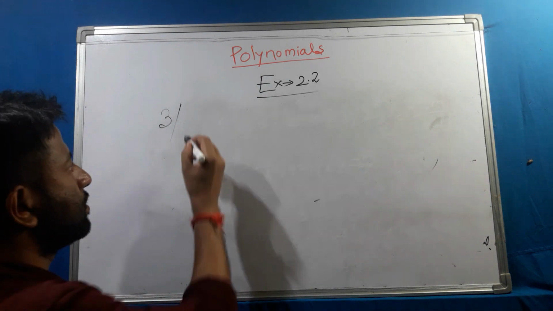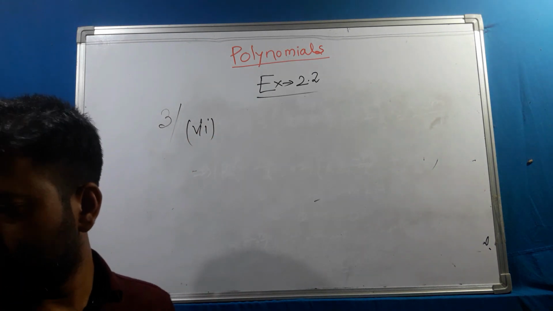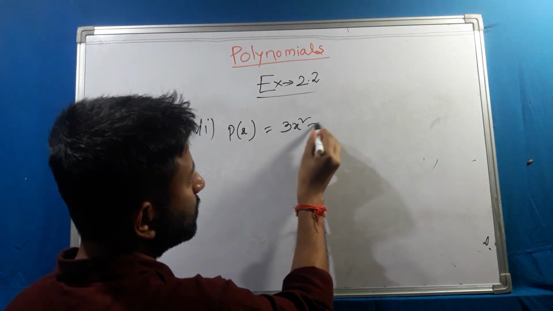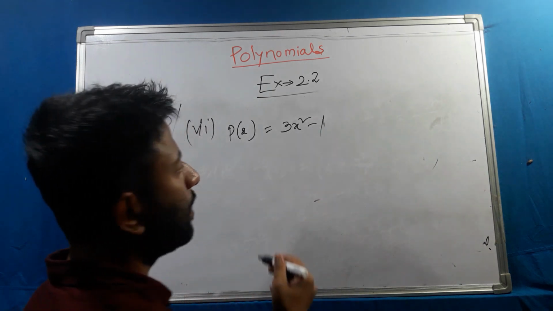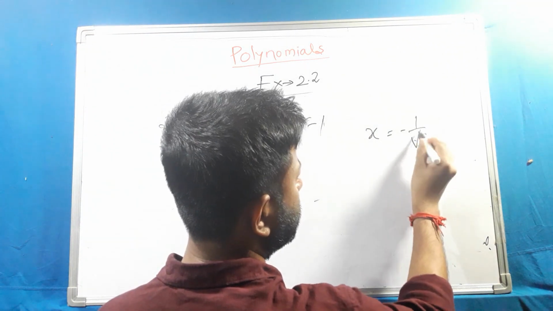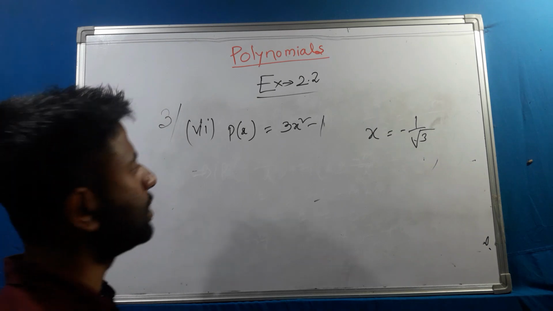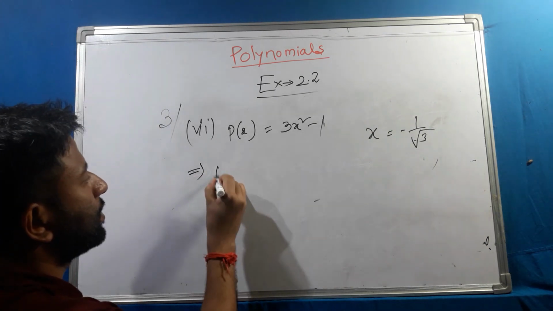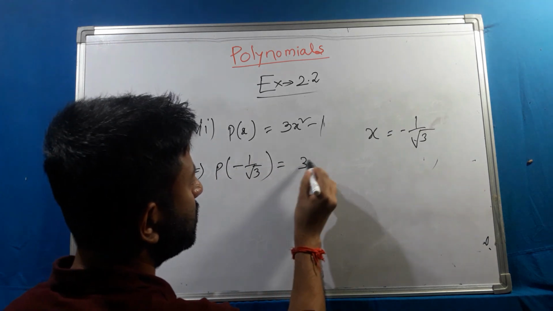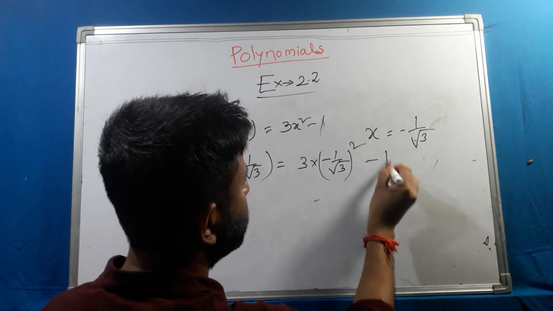Question 7. We have to check in the same way. They have given p(x) = 3x² - 1, and we have to check this for x = -1/√3. They have given two values, but I'm checking only once. So p(-1/√3) becomes 3 into (-1/√3) squared minus 1.